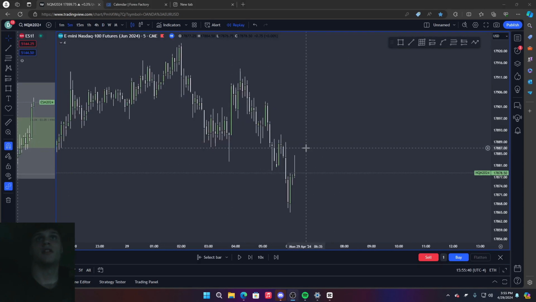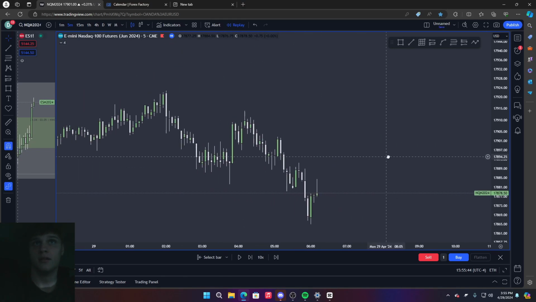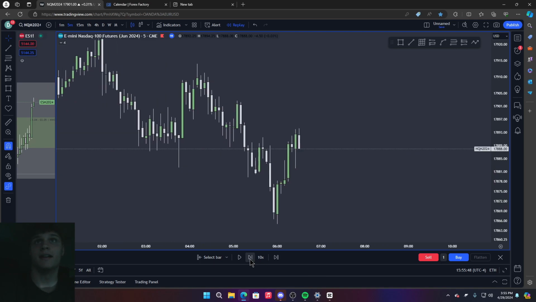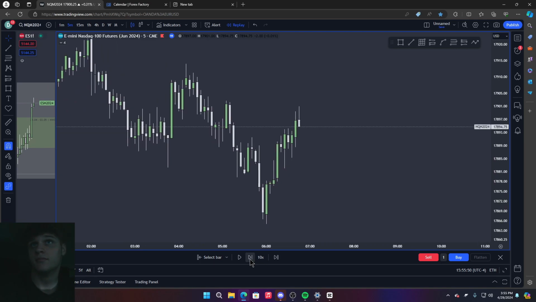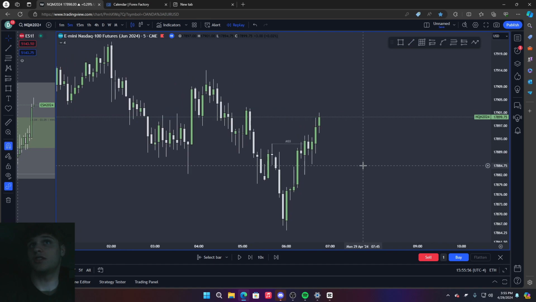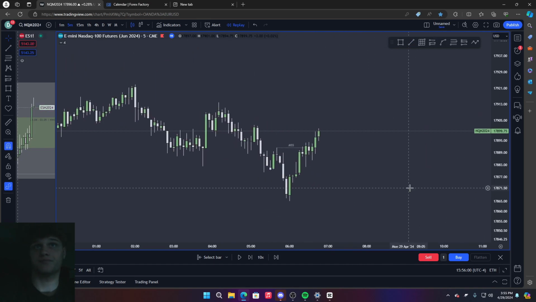All right, first things first, as you can see, we're in a bearish trend, right? We are in a bearish trend, and price breaks through this high, so this is considered a market structure shift. Now we can expect a bullish trend.